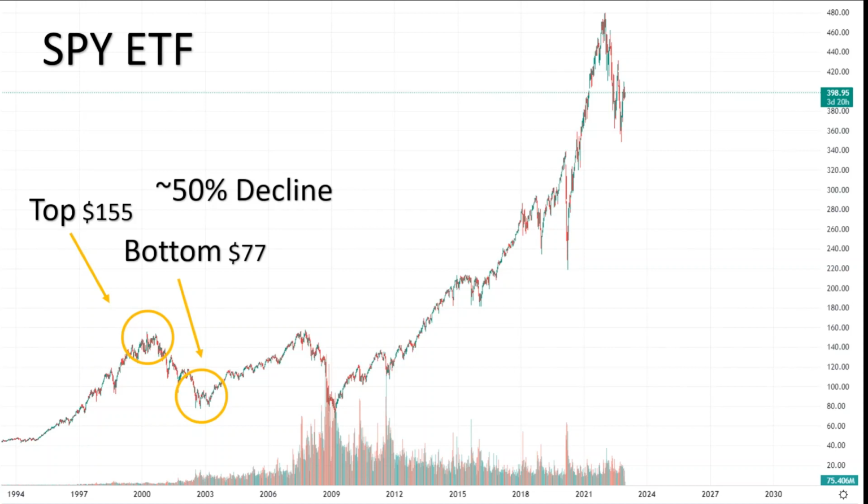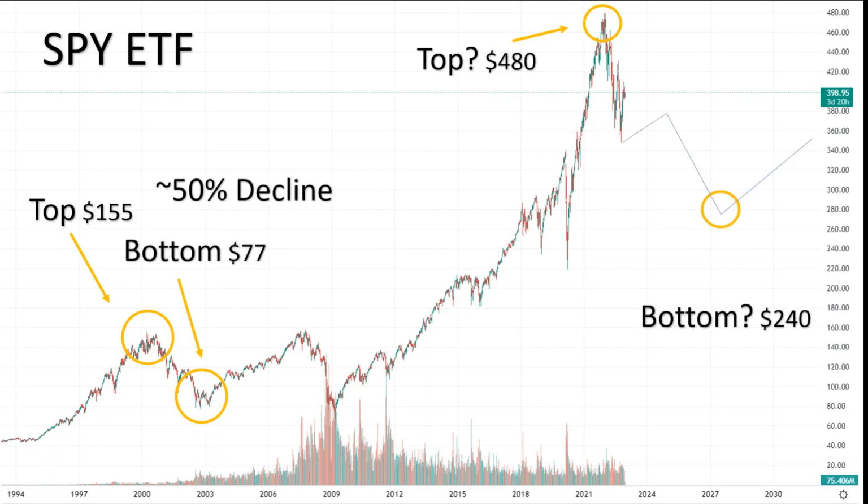I'm not saying it will, but there is a possibility that we will again see a 50% crash or maybe even greater. So what would this look like? How would this play out? One example I want to share with you is if the recent high of 480 was the top of the market, then a 50% decline would be somewhere around $240.